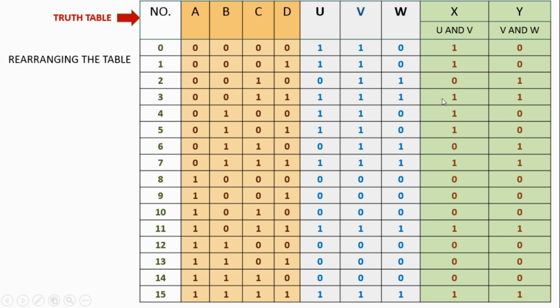Why is it 1? Because 1 and 1 is 1, 0 and 1 is 0, 1 and 1 is 1. Similarly, v and w create y: 1 and 0 is 0, 1 and 0 is 0, 1 and 1 is 1. Similarly, we will verify this whole table.